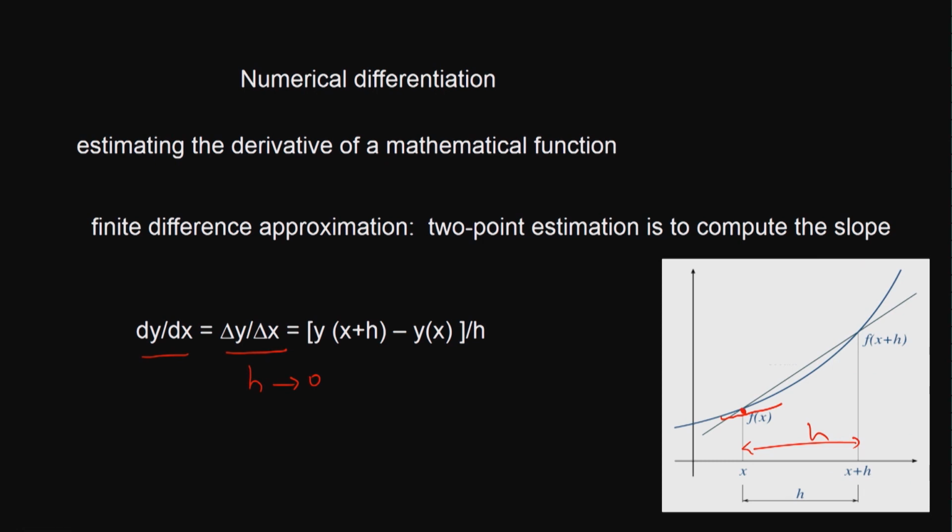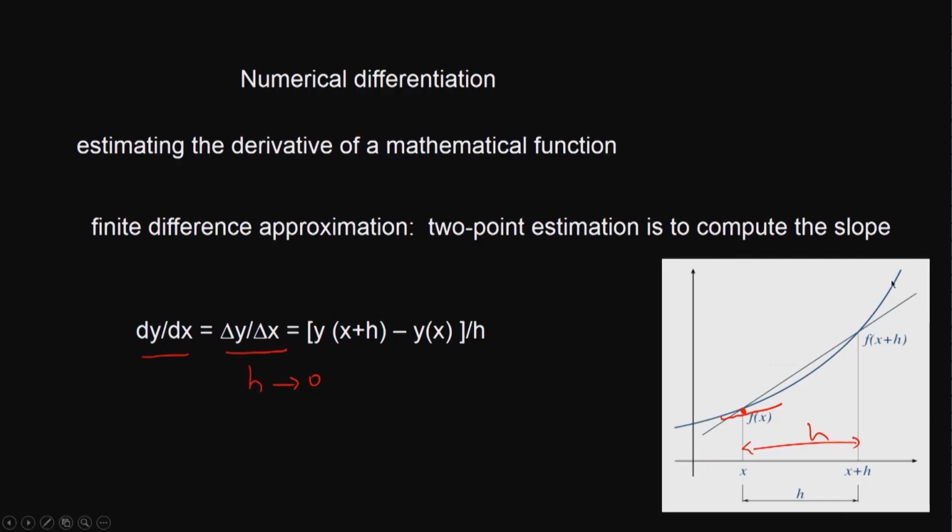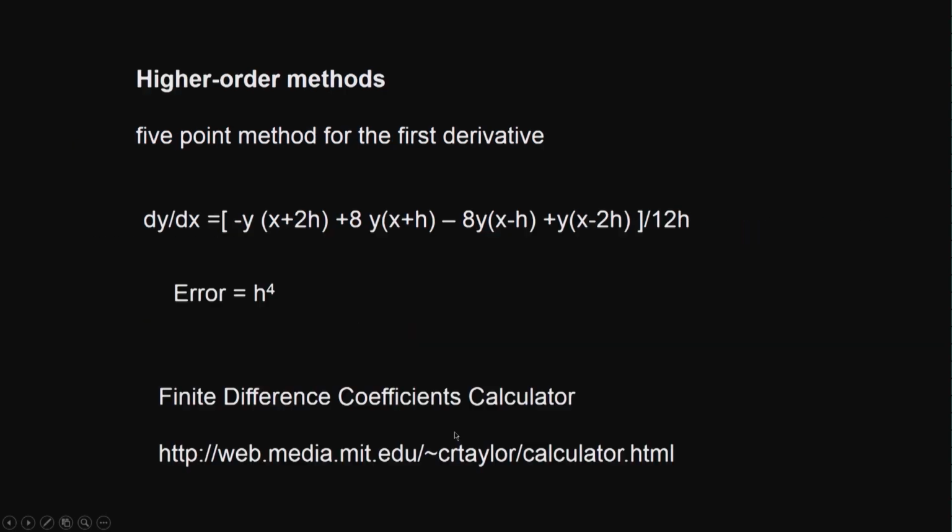If h is 0.001, you may get 0.1% error. If h is 0.01, you may get 1% error. If h is 0.1, you may get 10% error, depending upon how the equation is, because if you have a parabolic type of relationship, errors could be much larger.